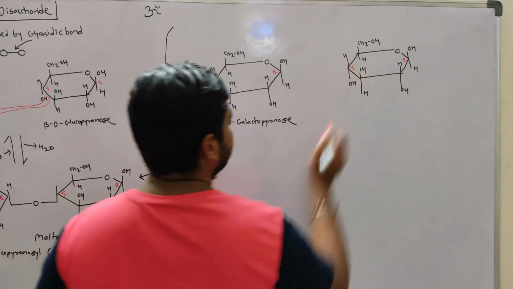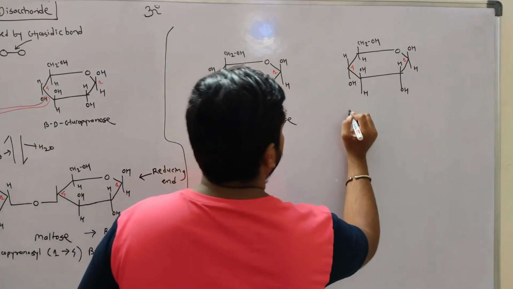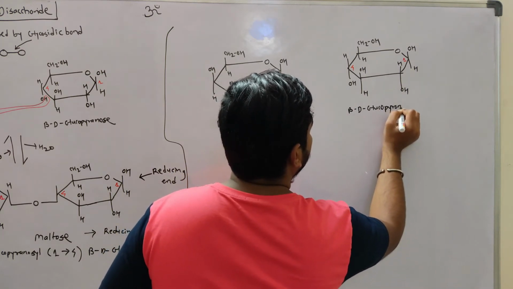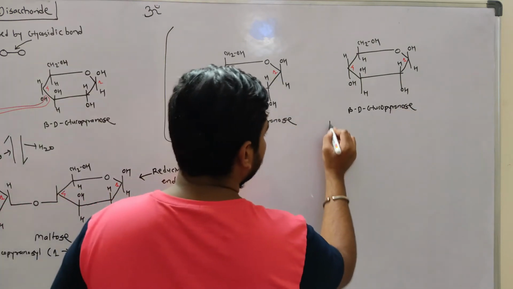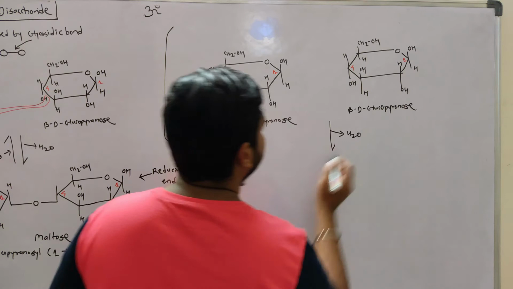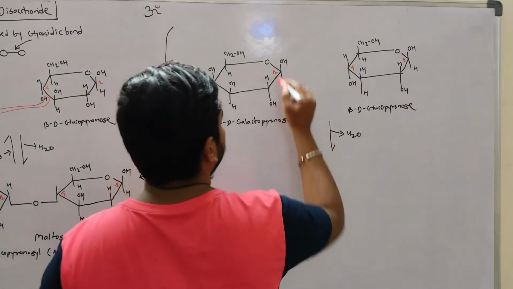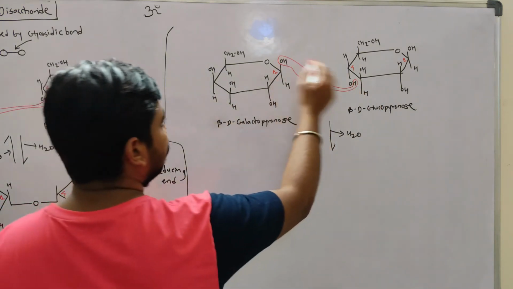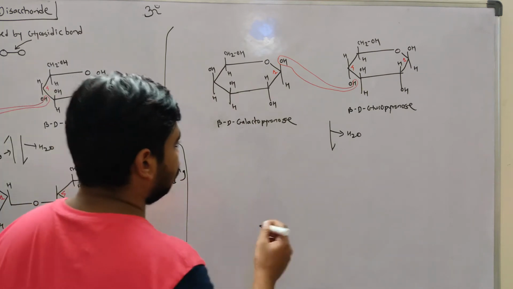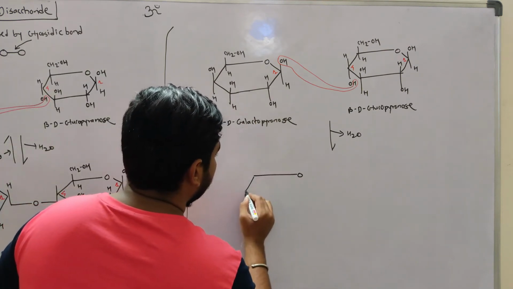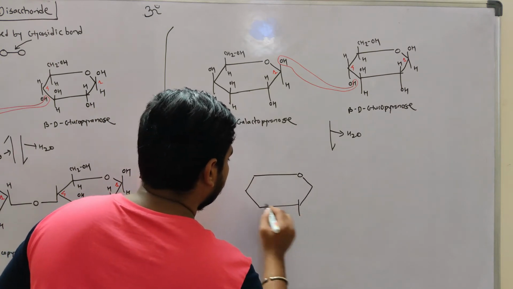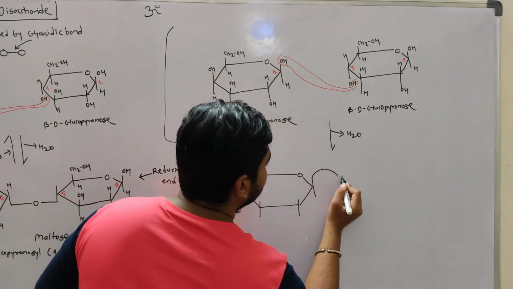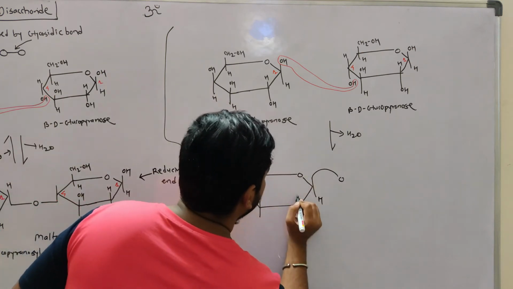This is beta D glucopyranose. There will be condensation, this OH will get removed, and a glycosidic bond will form. It will look like this, with an oxygen.